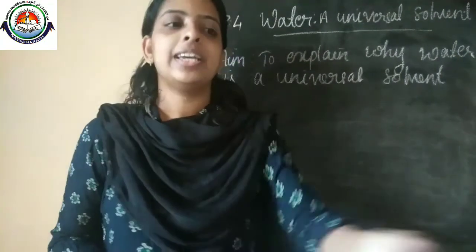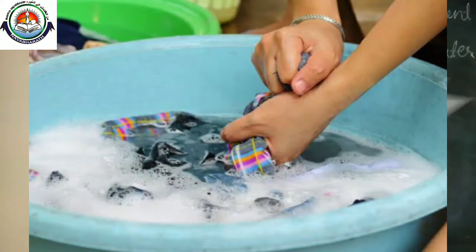Is it right? Yes. And at the same time we can say that water is the most common solvent in our everyday life, as many substances like sugar and salt can dissolve in it. Due to this property we can say that water is a universal solvent. At home we make use of this property of water to clean utensils, clothes, floors and other objects.